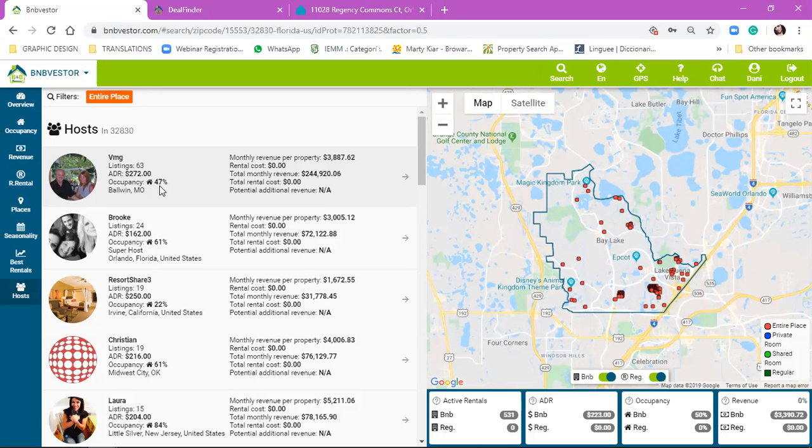You can see that they have a monthly revenue per property of 3,800, and then a total monthly revenue of 244,000. So from that, what we can do is take out, or I mean, it's doing the analysis, and once you have all your project and your business up and ready, you will understand what I'm talking about.